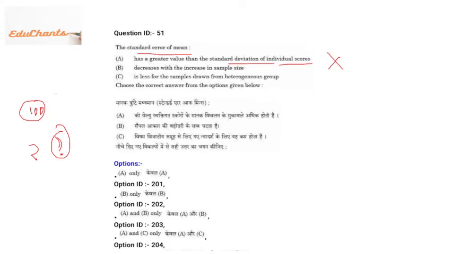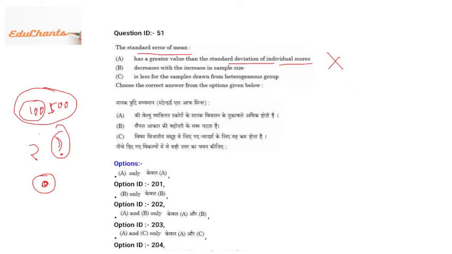But if you will increase the number of sample here, say for example we will go for 500, then definitely the more you will take the sample, the less you will get the error. Okay, so by the increasing of your sample, your valuation of error or standard error will definitely decrease.